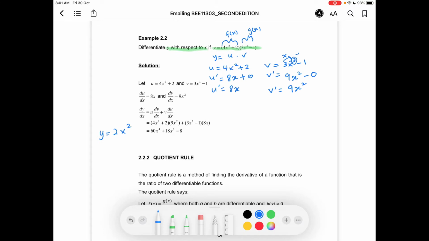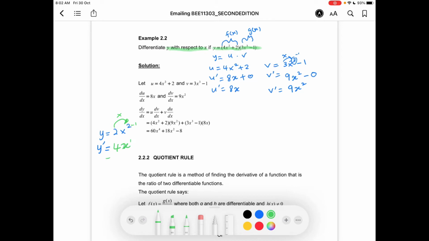If you want to find the differentiation y prime, you need to multiply the constant with the power of x. So 2 times 2 is 4, and the power of x you subtract by 1, so your answer will become 4x, since 2 minus 1 is x to the power of 1.